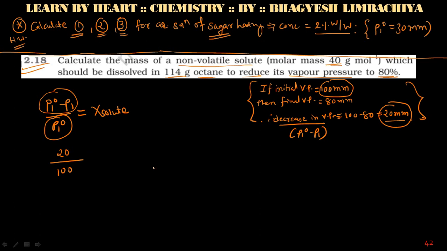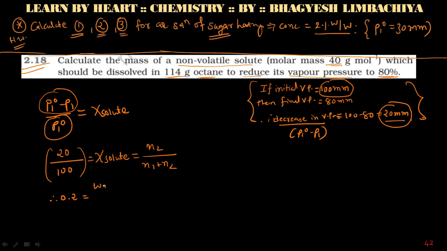That is our x of solute. It is N2 divided by N1 plus N2. 20 by 100 is 0.2.